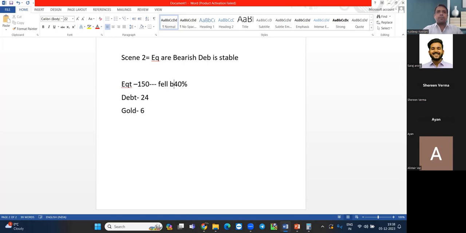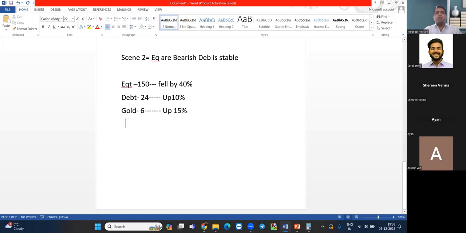Debt has no chance of falling, so debt is giving me a return of, let's say, 10%. Gold can give negative returns, but since equity has fallen, I'm expecting gold has given 15% return. Let's be reasonable and legitimate.